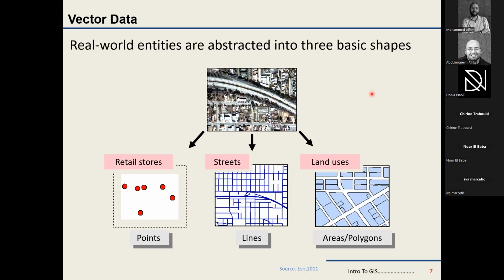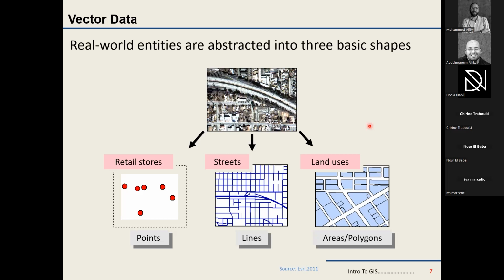But if we move higher, so we're talking that we are making maps that are 1 to 1,000 on the scale, adding points for the trees or for the lamppost or even for the retail stores might make no sense at all. We might actually start adding points that have to do with main landmarks or main monuments in the area we're dealing with, or for the train stations or for the metro stations.